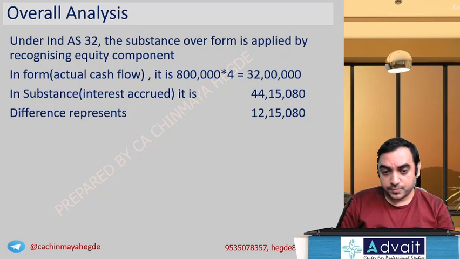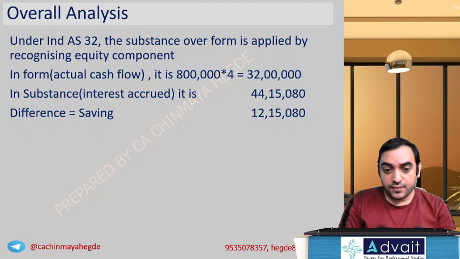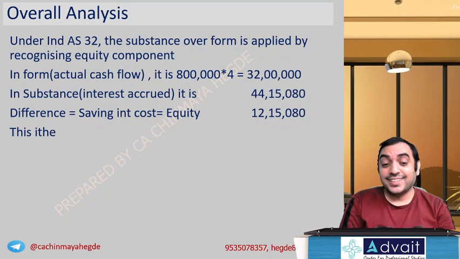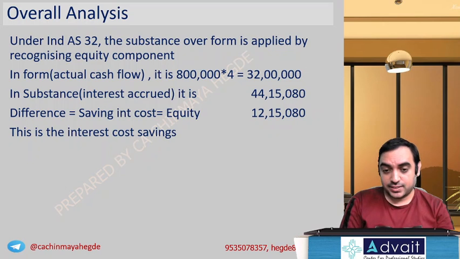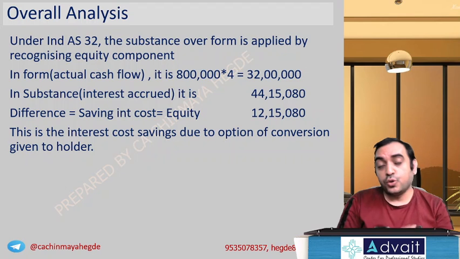Let's write down: the difference equals the saving in interest cost, equal to the equity component. This is the interest cost saving due to the option of conversion given to the holders.